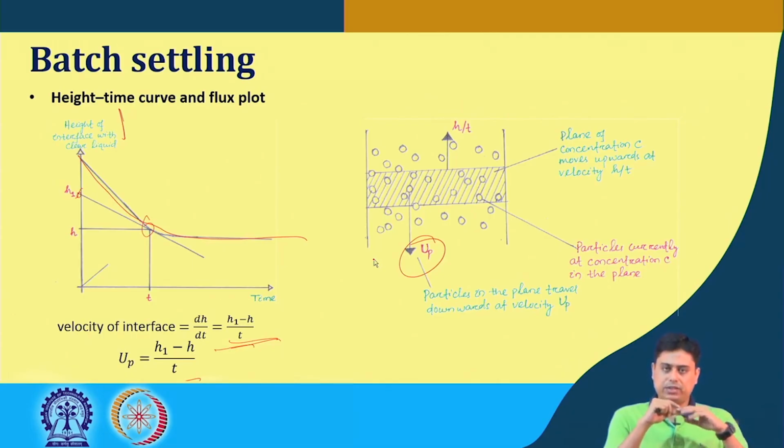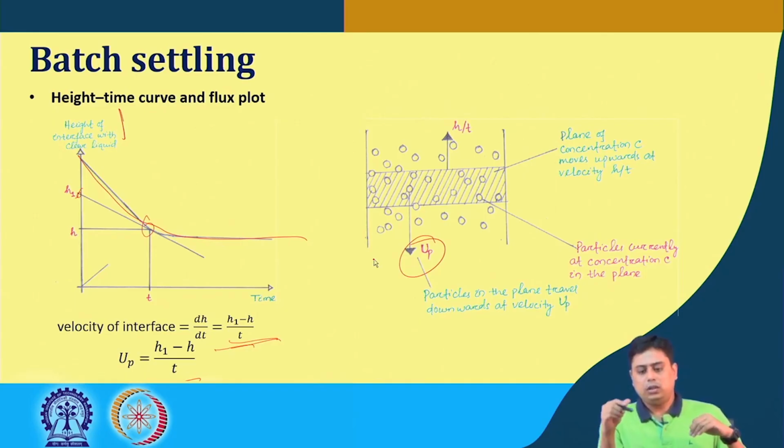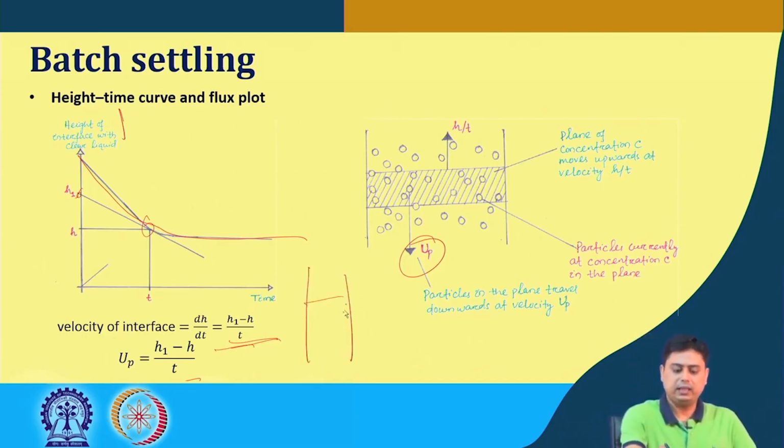The higher concentration zone is filling up until these two match at a certain critical value. So, the plane of concentration C moves upward at that time t and has come to a height h. On one hand, this is the h at time t where we have the clear liquid and the suspension zone.